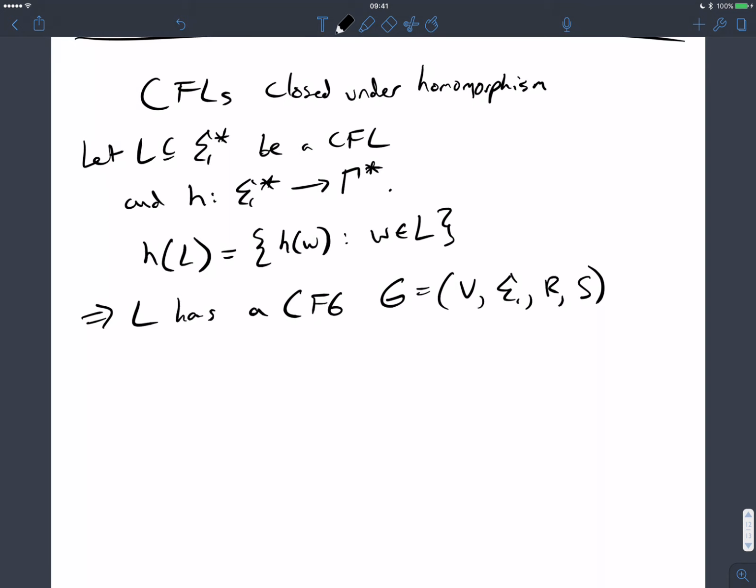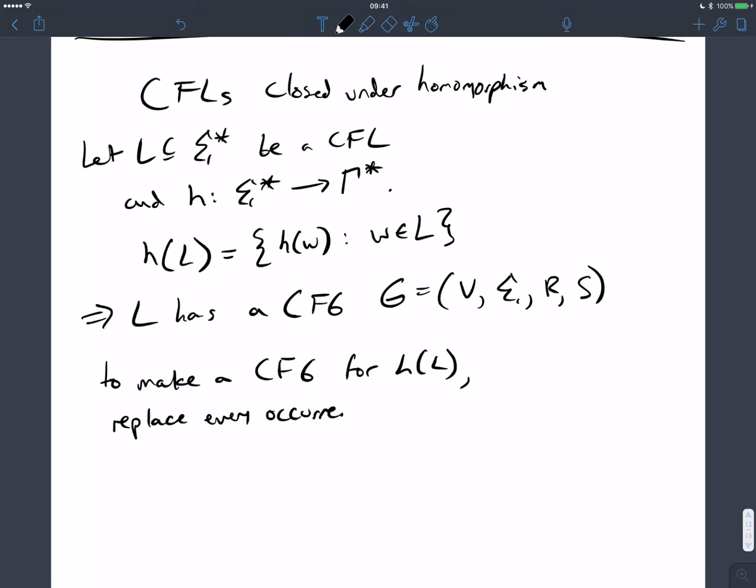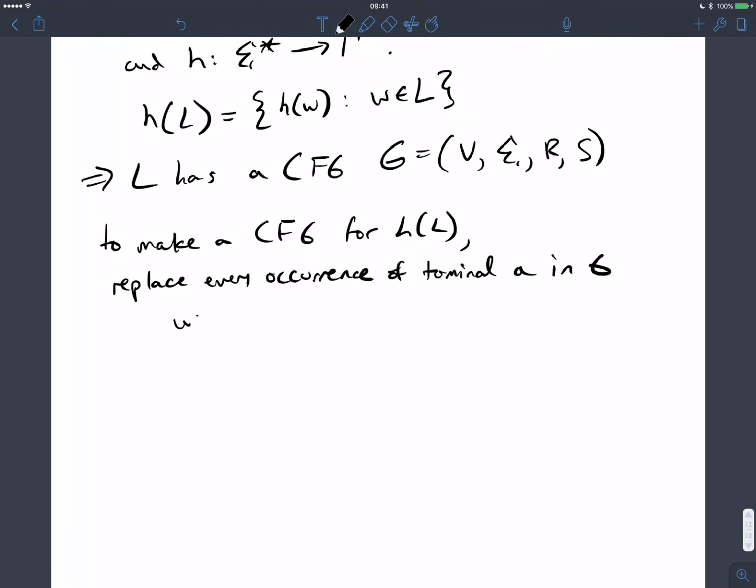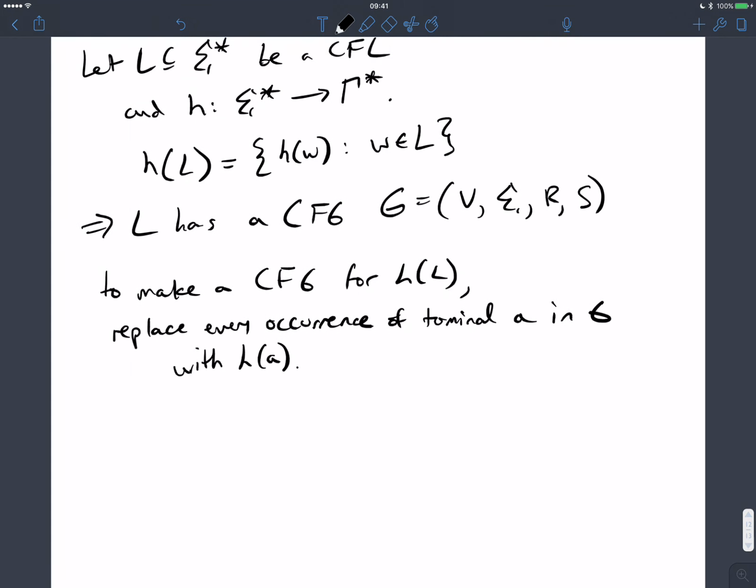So, to make a CFG for h of L, replace every occurrence of terminal A in G with h of A. And why does this produce h of L?